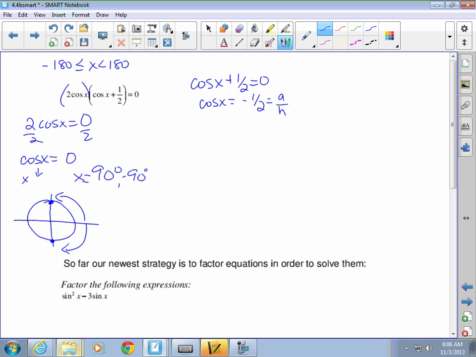So that's a 30, 60, 90 triangle. If this is 30 degrees here, 60 degrees, this is square root 3, 1, and 2. So adjacent equal to 1 means my reference angle is 60 degrees.